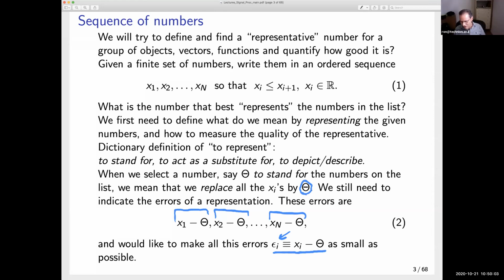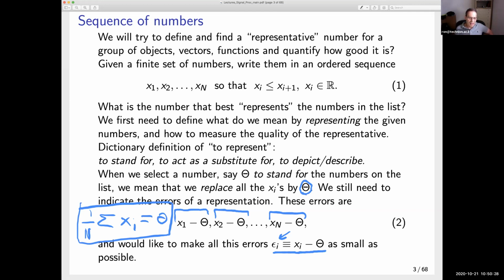So Michael is suggesting to use the average: summing over all my xi's and multiplying by 1 over n, and this should be my theta. Yes. Okay, so selecting the average as a representative number is one option.